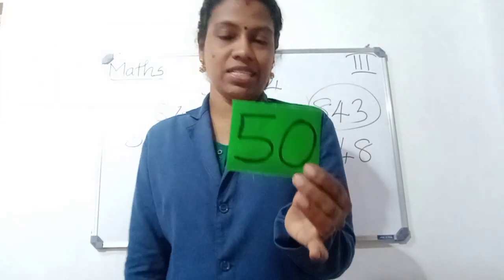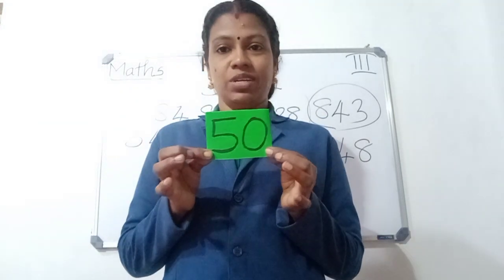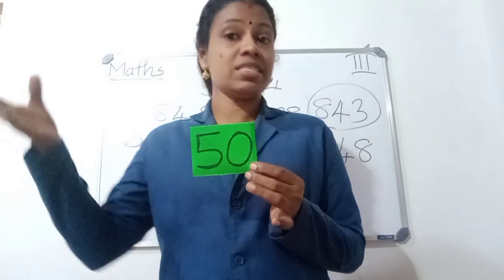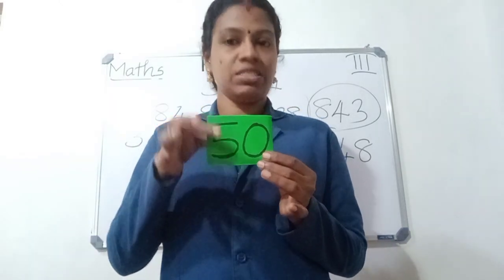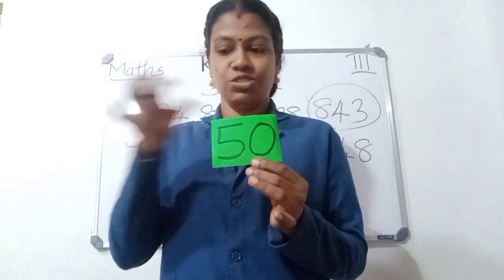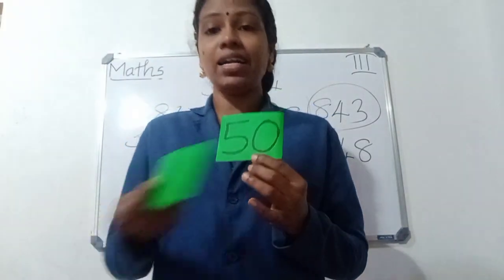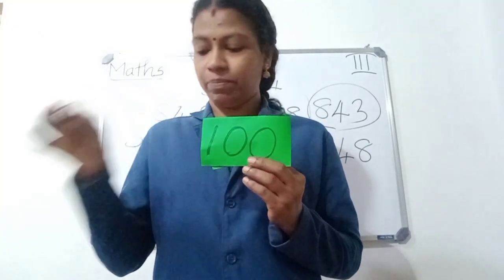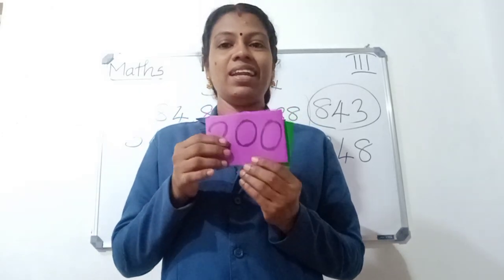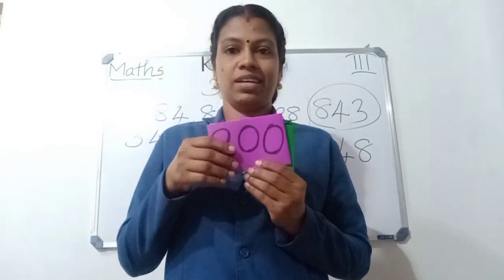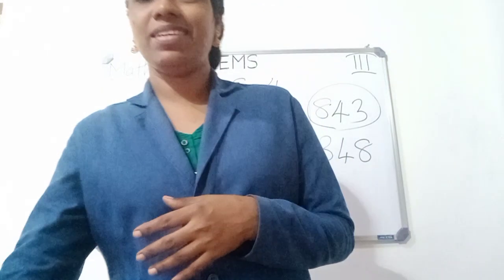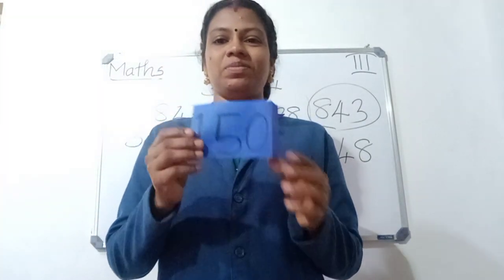Just half century. Century means 100. Clear? Half century. Then 100 is century. Then 200 is double century. Then like 300 triple century. 400 4th century, etc.